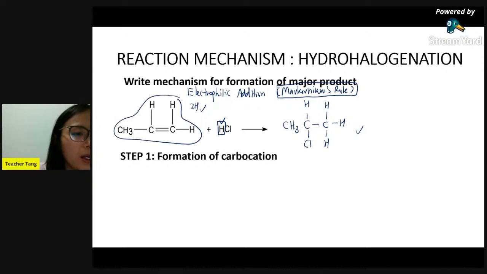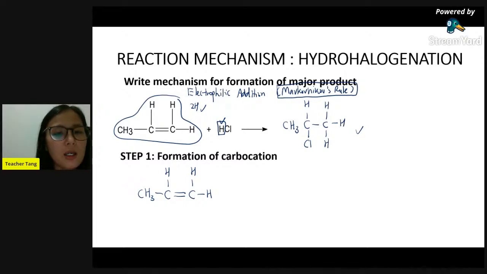So what do you need to do in the first step? Copy your alkene first. So this is your alkene, the bread, and also the egg.